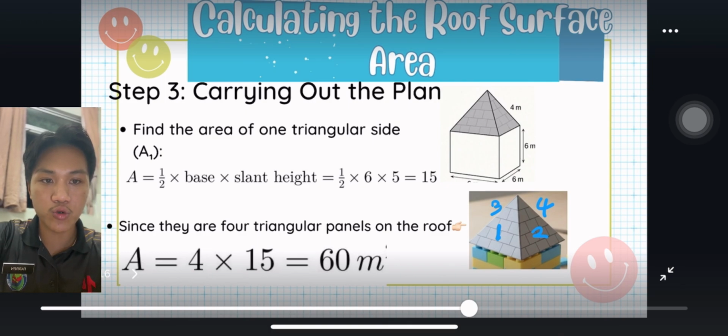The perimeter of the square base is P equals 4 times 6, which is 24 meters. We substitute into the formula: area equals 1/2 times 24 meters, the perimeter of the square base that we counted just now, times 5, which is the slant height that we found earlier. The total roof surface area is 60 square meters.